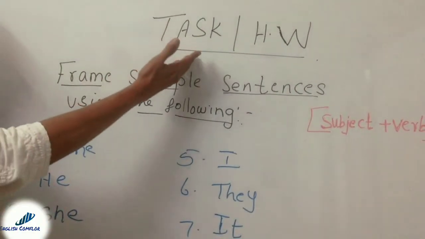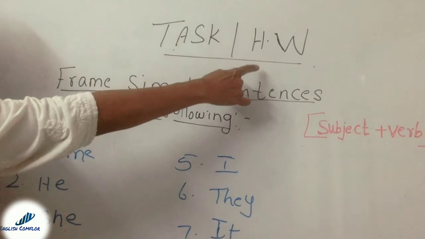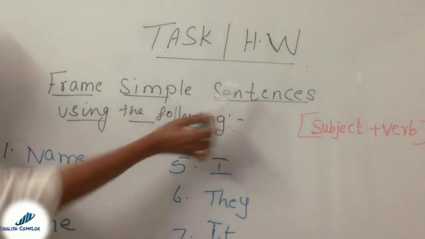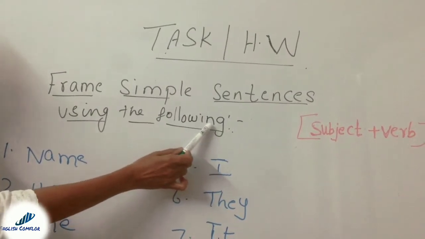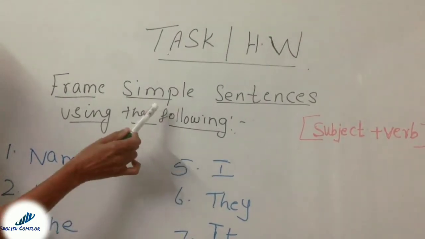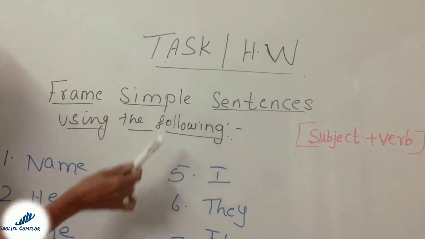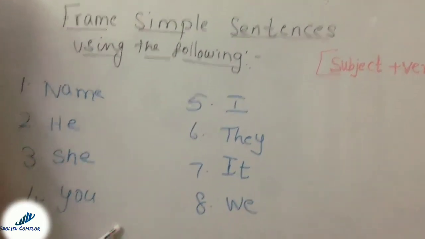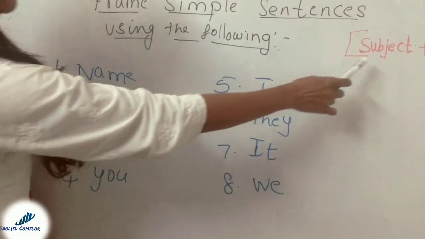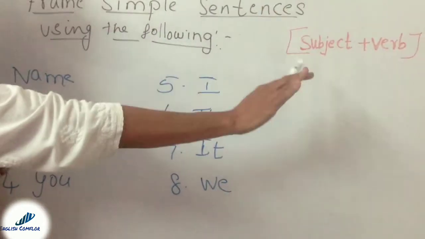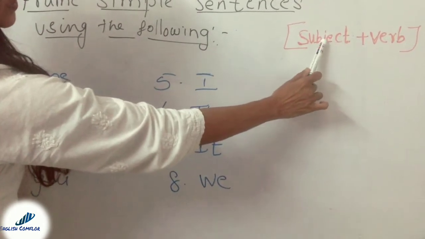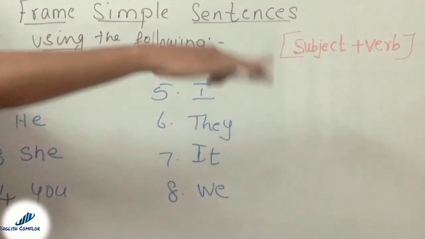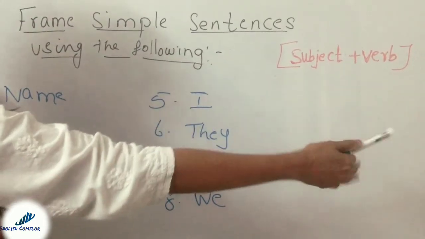Next we are going to go to the task or the homework. Frame simple sentences using the following. You have to frame sentences using these words here, which are the subject. You have to only frame sentences with the subject plus verb. At the moment we will not concentrate on the complement or the object.